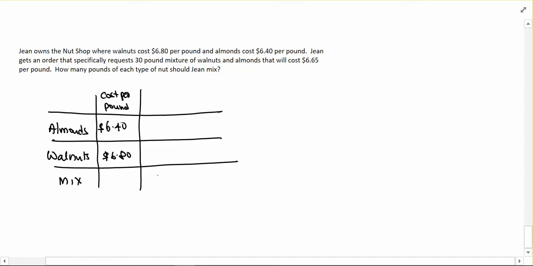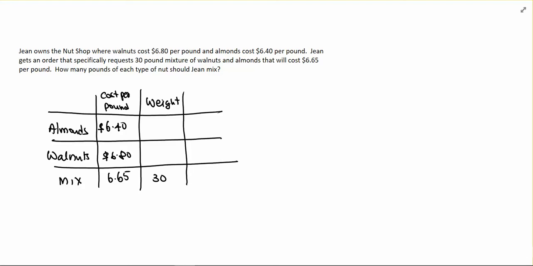So the mixture is 30 pounds. This is the total weight. And she also is told that the cost per pound cannot exceed $6.65. Alright, what we don't know are the weights of the almonds and the walnuts. So I'm going to call that X, and I'll call this Y.